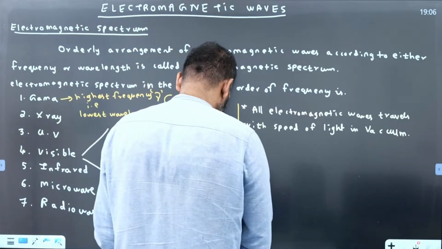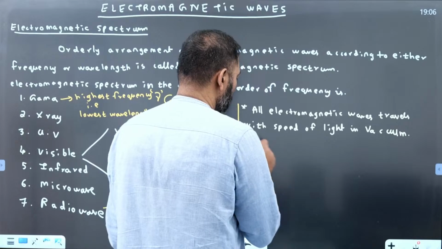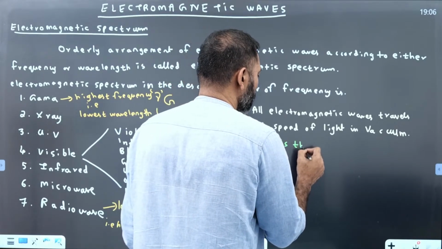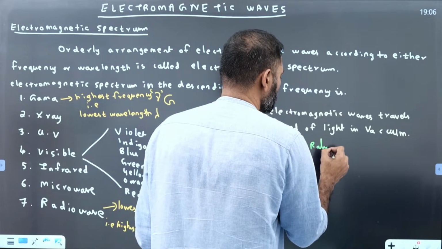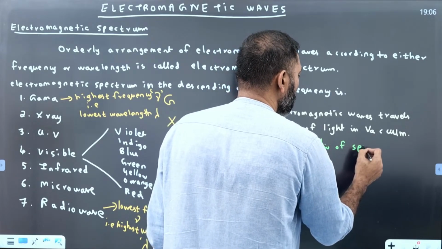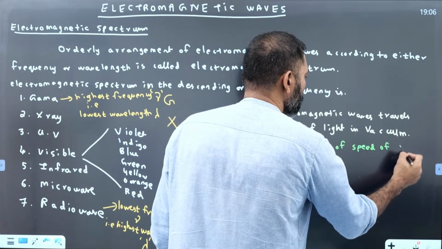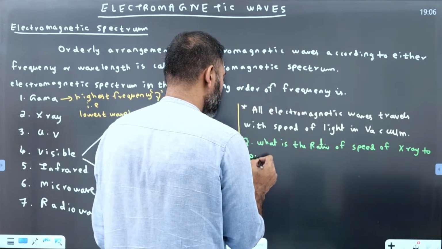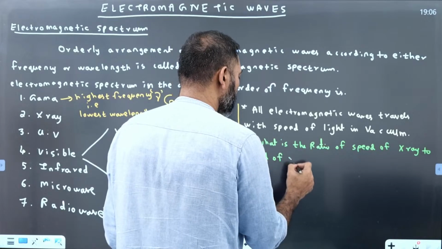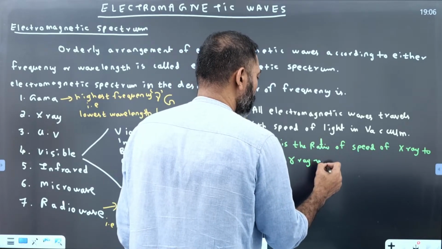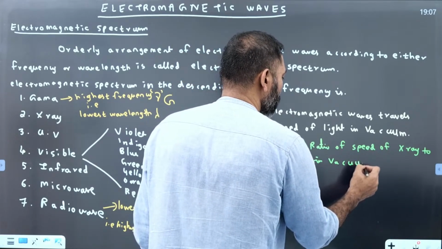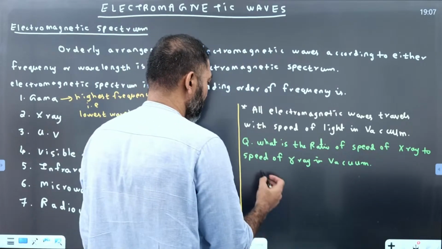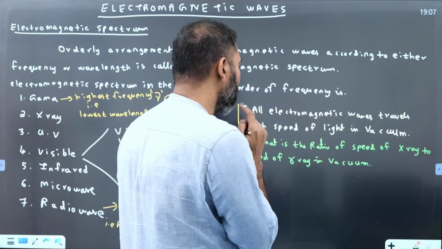So, question: what is the ratio of the speed of X-ray to the speed of gamma ray in vacuum?